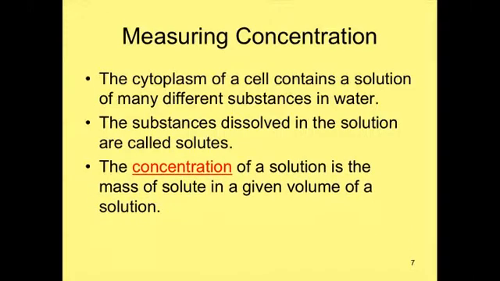The concentration of a solution is the mass of solute in a given volume of solution. And what we're going to be talking about in this section is how things move to reach equilibrium, because that's our goal. Our goal is to have equal things both on the inside and the outside.